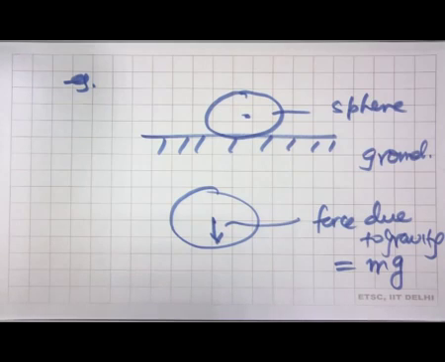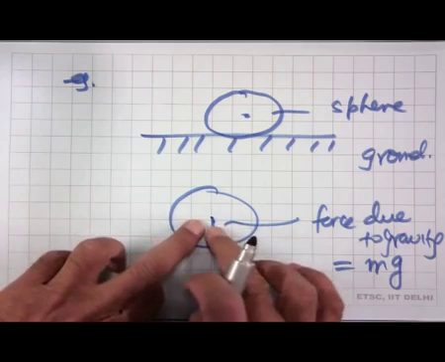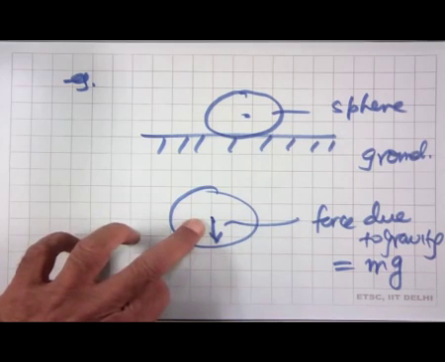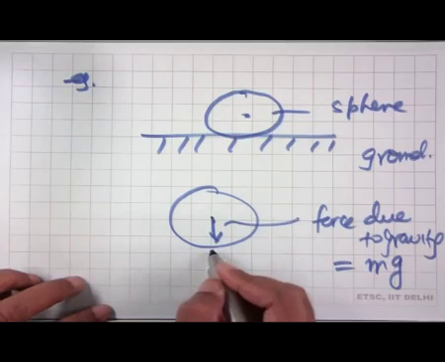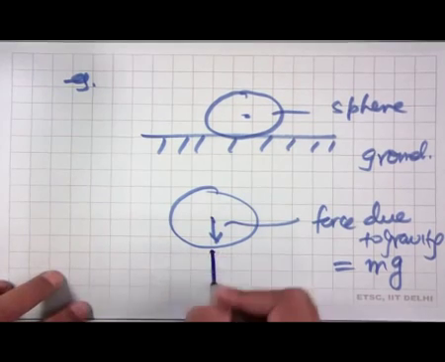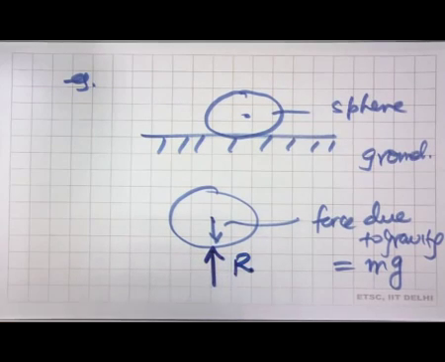This is one force which is being applied on the sphere because of the earth. Now, we also see there is contact with the ground, and we do not know what that force is. Let us say we represent it by a reaction force R.